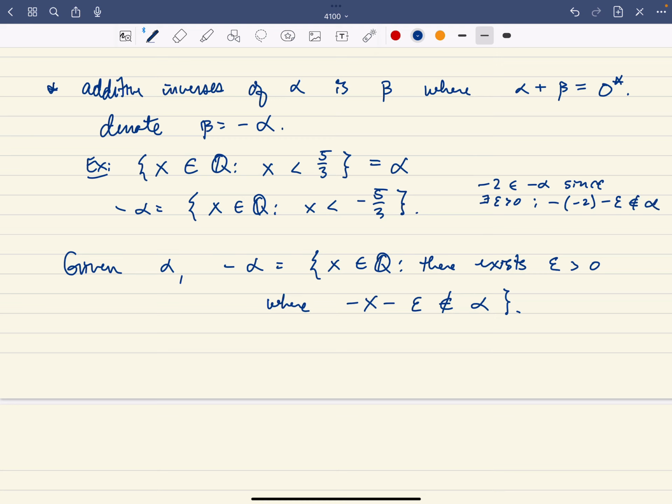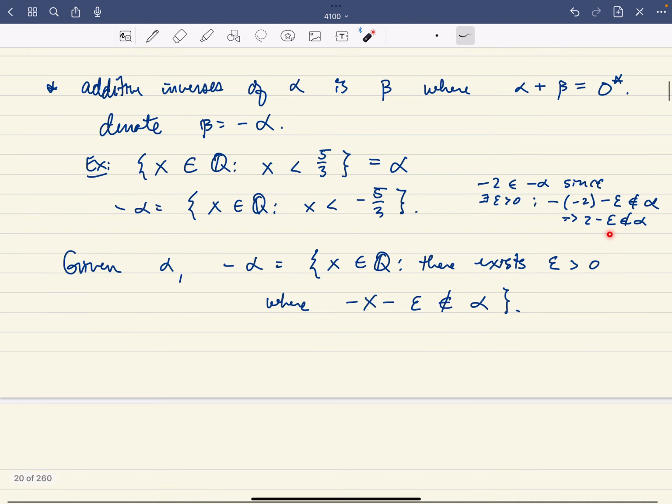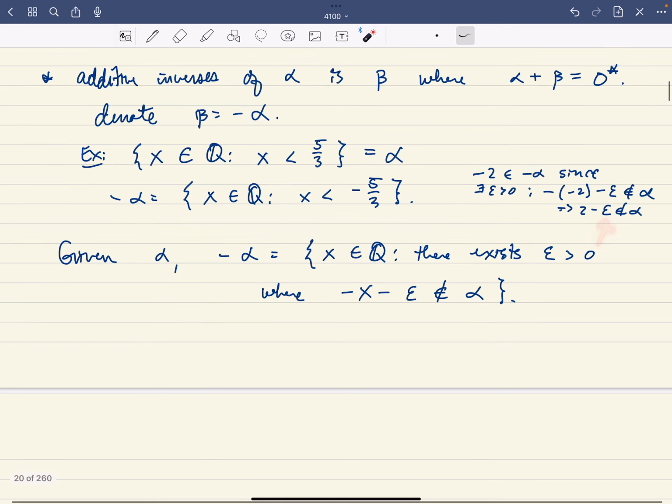Let's unpack that. -2 minus epsilon is saying that 2 minus epsilon is not in alpha. And indeed, I can find a value of epsilon, like 1/10 or something, where 2 minus that is no longer in alpha. So the additive inverse is exactly these elements with that property. Again, a little bit technical, but that's the way that we can define additive inverses in general.